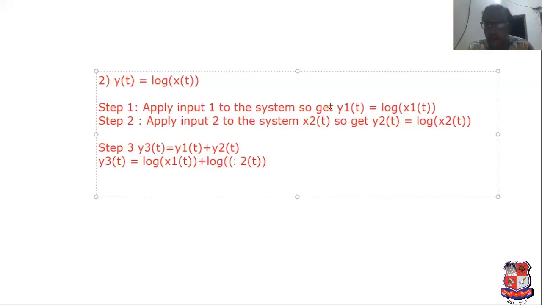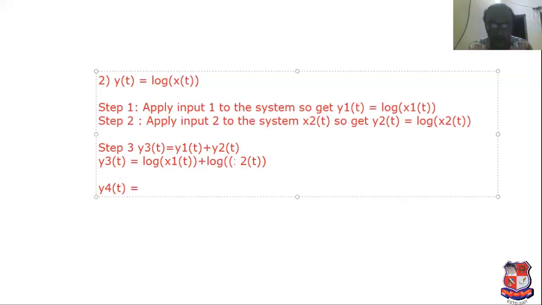Now what is the meaning of y4 of t? y4 of t means we represent x of t in terms of x1 of t plus x2 of t. Addition of two inputs. Only represent x of t in terms of the addition of two inputs. Nothing else. Don't make any change.